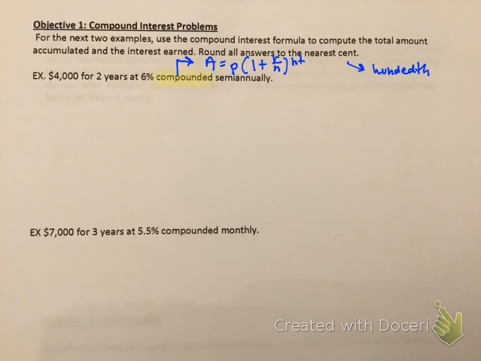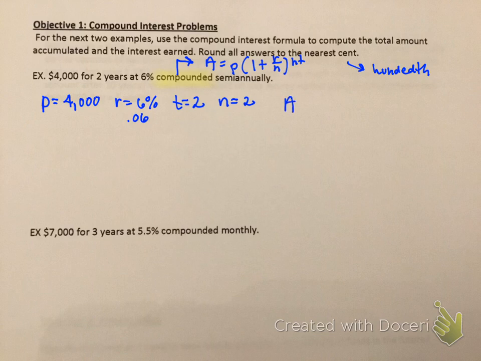The principal is $4,000. The rate is 6%, but remember we have to use a decimal, so 2 places to the left, 0.06. The time is 2 years, and N, compounded semi-annually, equals 2. All right, so now that we have those values, we're going to plug and chug them in.